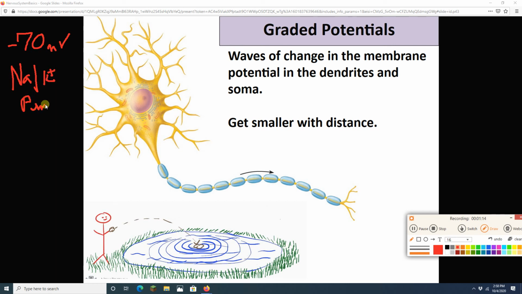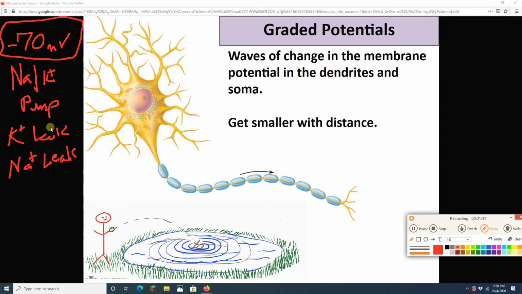Remember, it is pumping out 3 sodiums and then bringing in 2 potassiums, making the inside more negative. Plus, there are potassium leak channels, plus there's sodium leak channels. And all 3 of those, which we talked about before, combine to create this membrane potential of negative 70 millivolts.